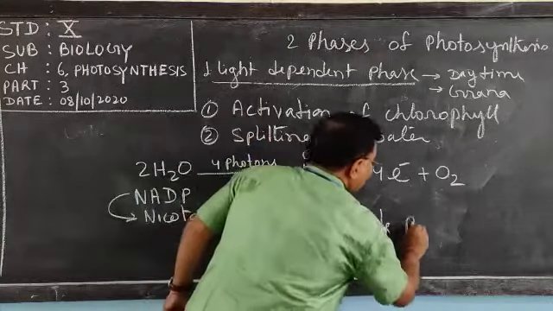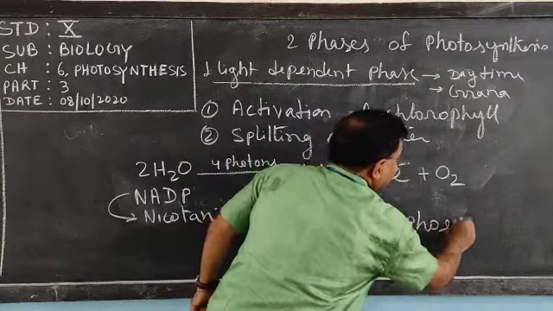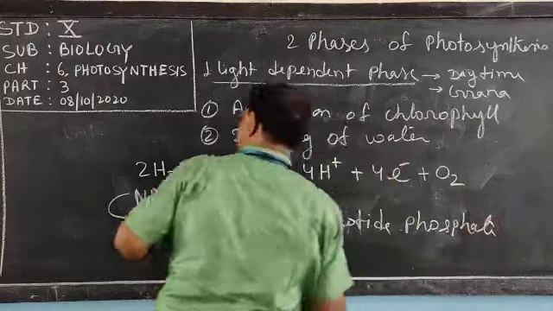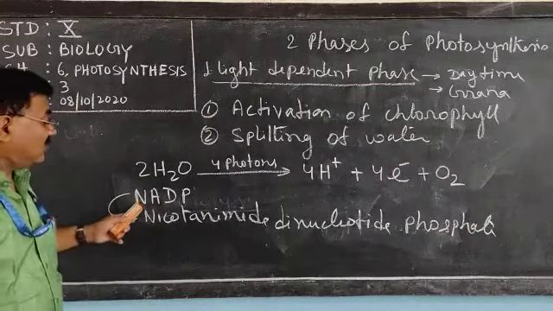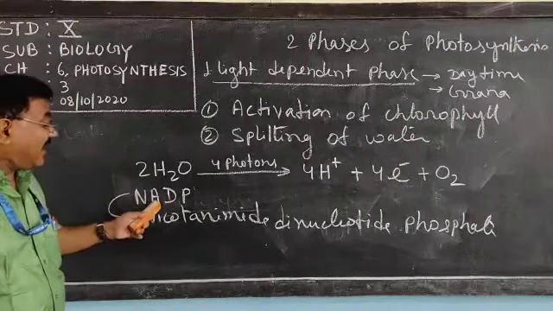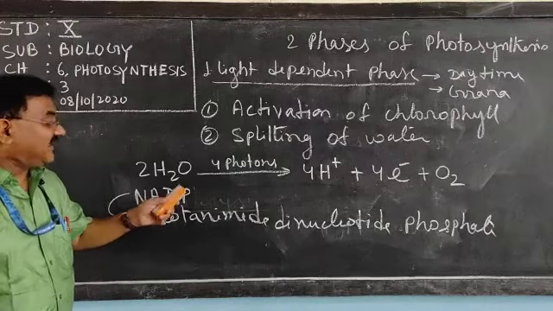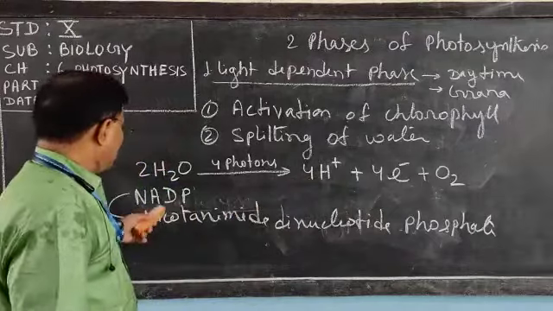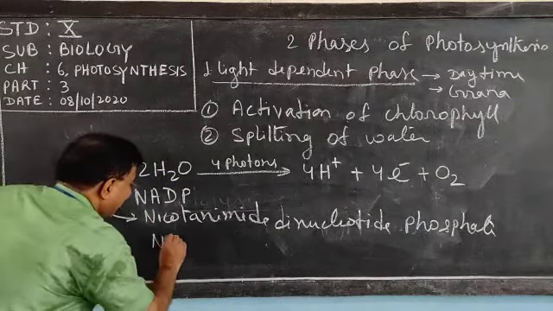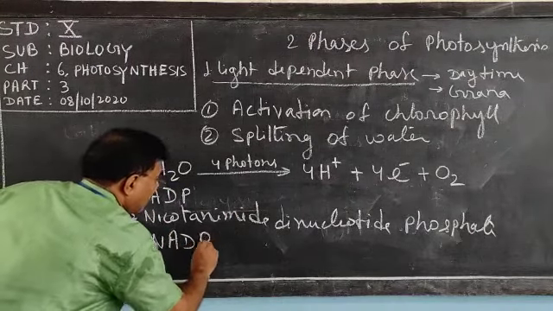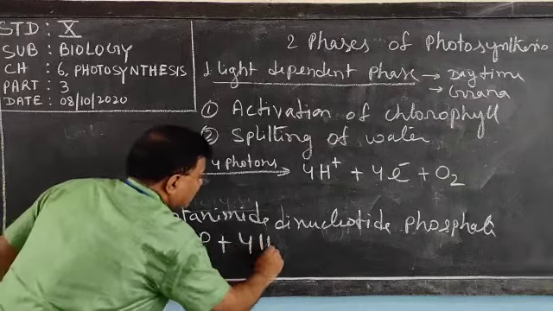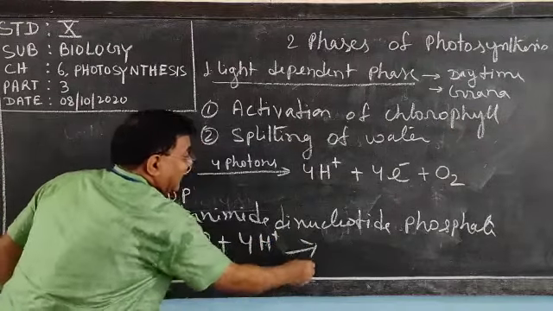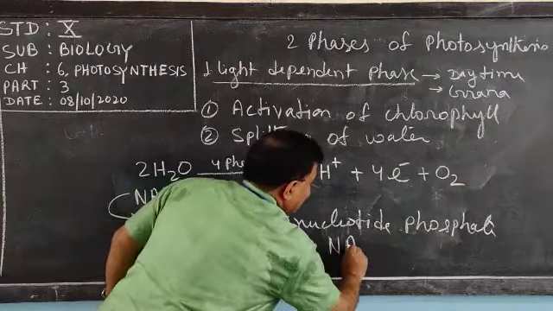Once more, try to understand it. N, nicotinamide, dinucleotide, phosphate. These 4 hydrogen ions add with NADP to form NADPH.